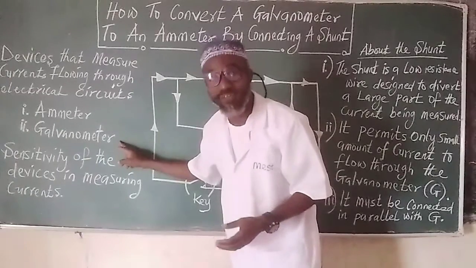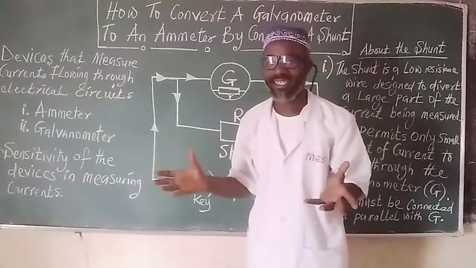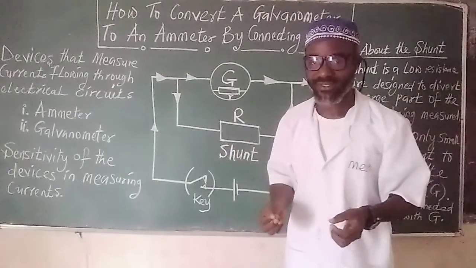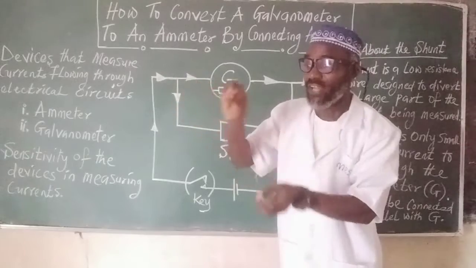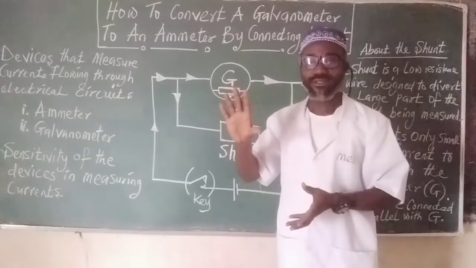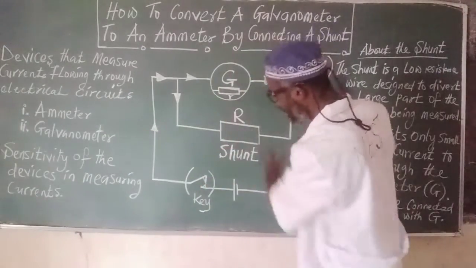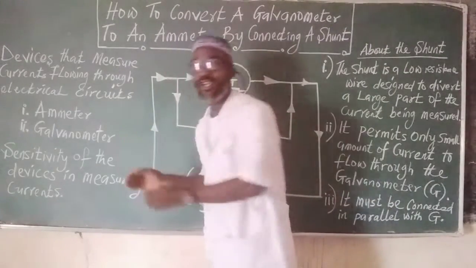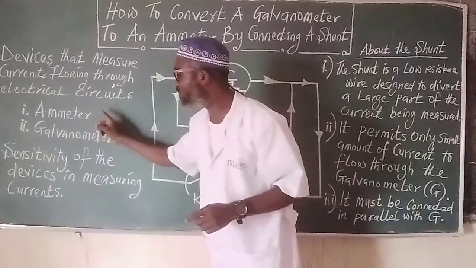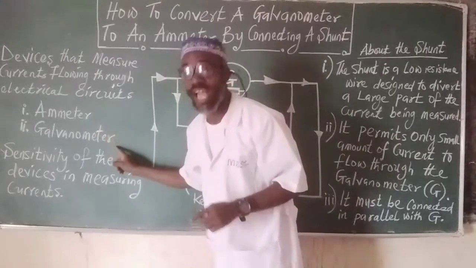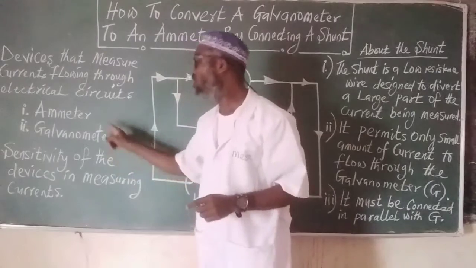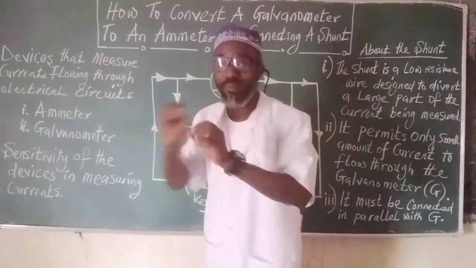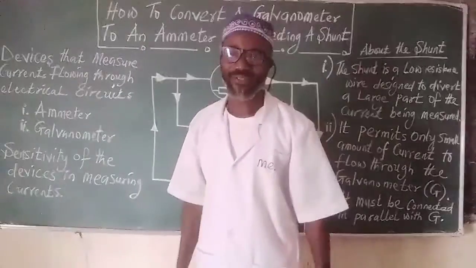Concerning galvanometer, originally, a galvanometer is known to be a sensitive device that detects and measures small amount of current flowing in the electrical circuits. So we may not have much to say about this, but our concern is, how do we now convert a galvanometer to become an ammeter, allowing it to detect and then measure current flowing in an electric circuit?